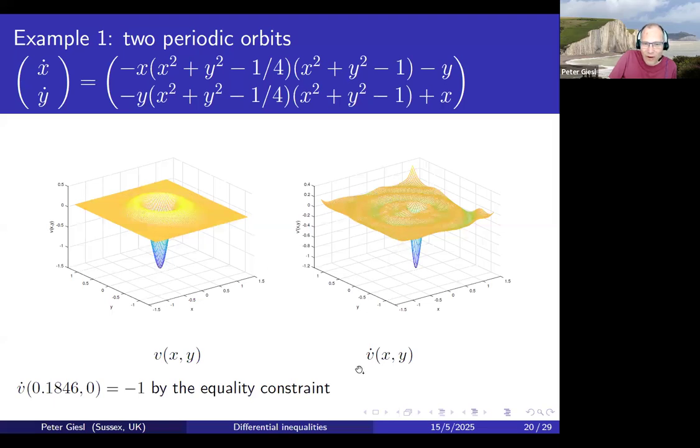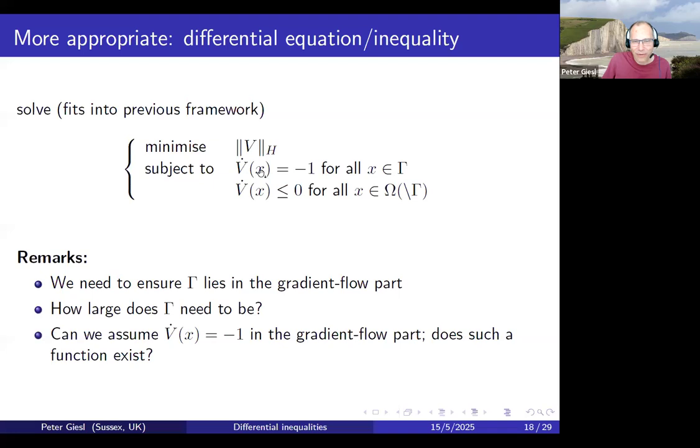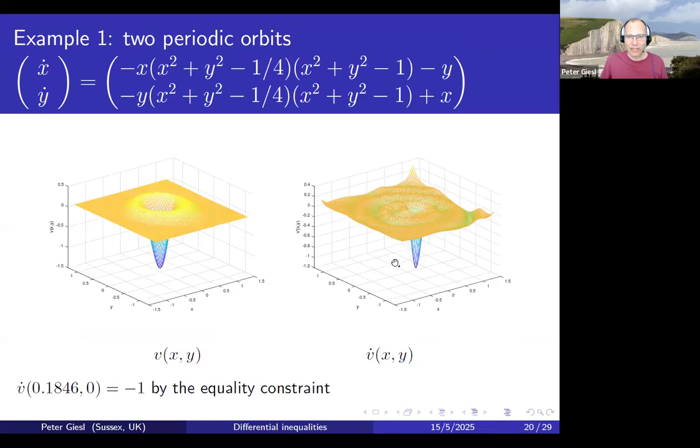And this is the orbital derivative V dot. It's not that clear to see here, but you can basically cut it off near 0, and you will find again these two circles. You see this kind of outlier. This is the 1 point. If you go back to this one, we only fixed the derivative to be -1 at exactly 1 point, and the conditions on all the other points were just smaller or equal to 0.